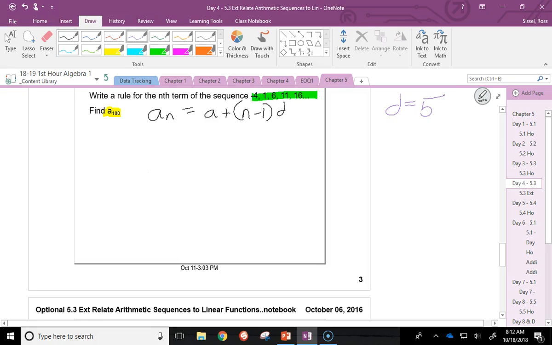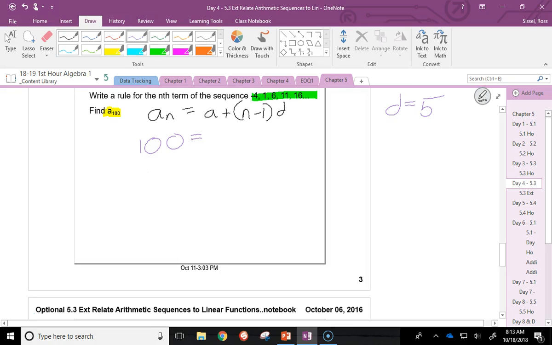And now they said, for whatever purpose, they need to know what the 100th term is. And instead of going, okay, I'm going to add 5 to 16 is 21, then 5, then 5, then 5, instead of doing that, we're going to put this in. So I want to know the 100th term. Instead of AN, we write 100.